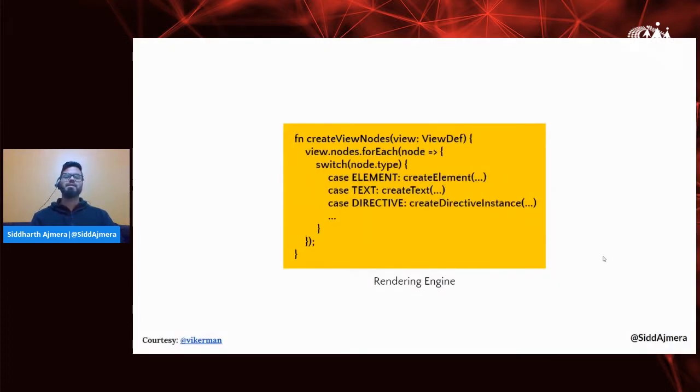One such reason is that, let's say for instance, that this is somehow a visualization of what the rendering engine used to look like in the second generation of the compilation and rendering pipeline, that is the view engine. Now the view engine looked like this one giant big switch statement that used to traverse through the data structure that was generated by the compiler at that time, and then it had basically everything.